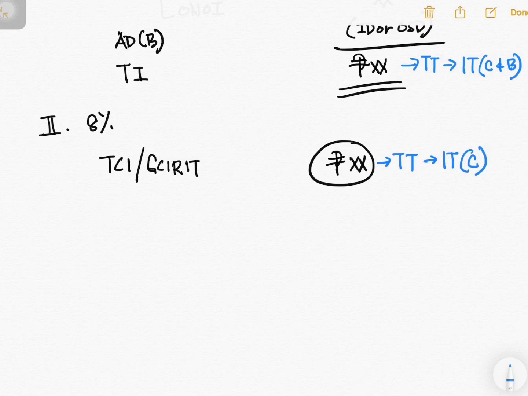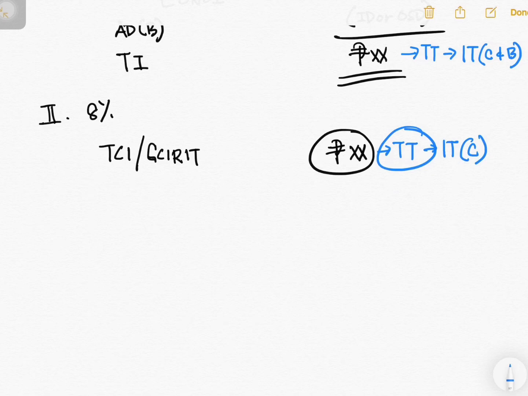And since you already used the tax table, what happens now? You will lose the allowable deductions in your business income.